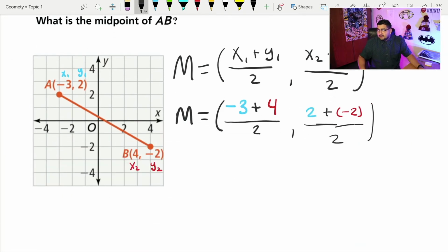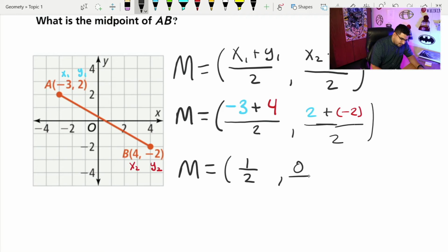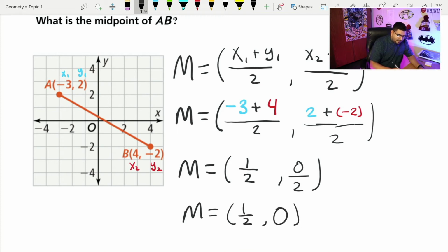Okay. So now we're going to go ahead and add and subtract. So we have M equals -3 plus 4 is going to leave us with 1. 2 plus a -2, that'll leave me with 0. Okay, and then I can finally just simplify. 1/2, I can write it as 0.5 if I wanted to, but in this case I'm going to keep it as a fraction. 1/2. 0 over 2 simplifies to 0, and this should be my midpoint.